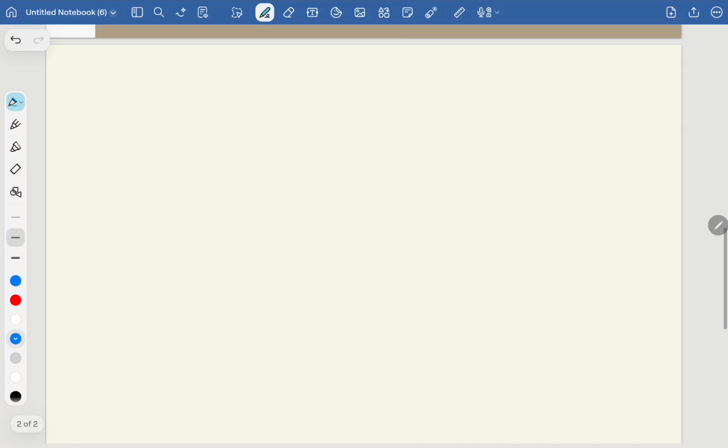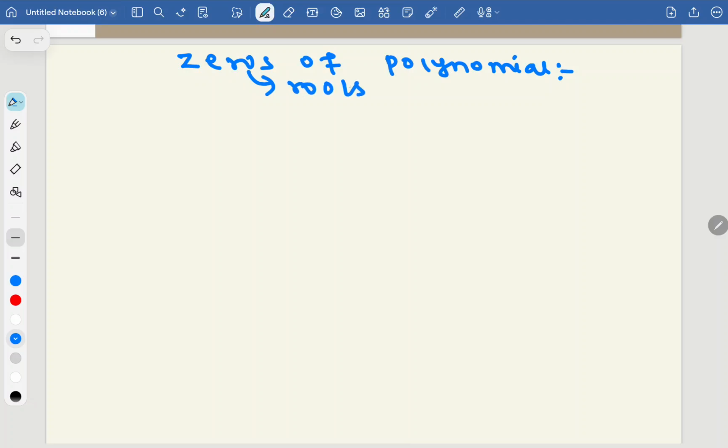Now next one, how to find zeros of a polynomial. Another name for zeros: roots.